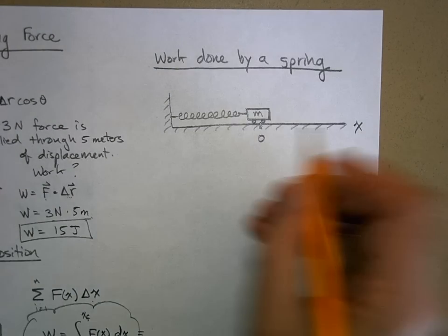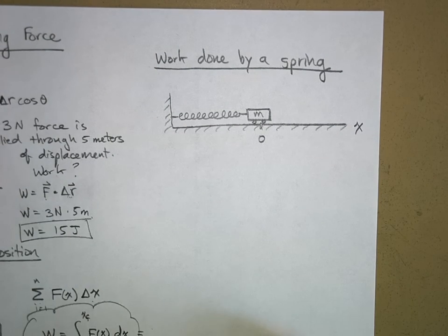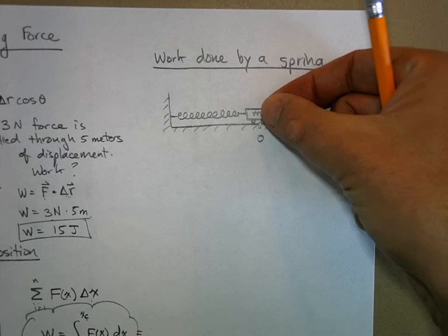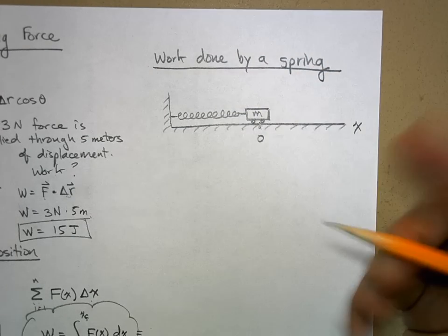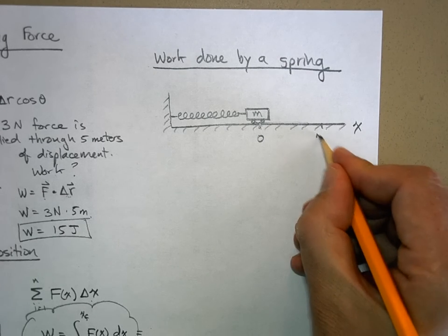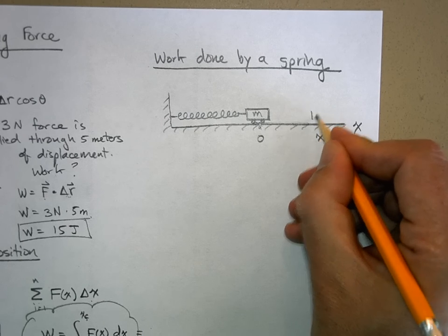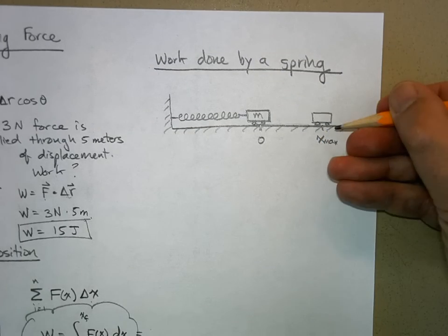This is going to be my x-axis right here. Now, if I pull this object to the right, let's pull this out to some maximum x max. Now I had to pull it, and then I'm going to release it.